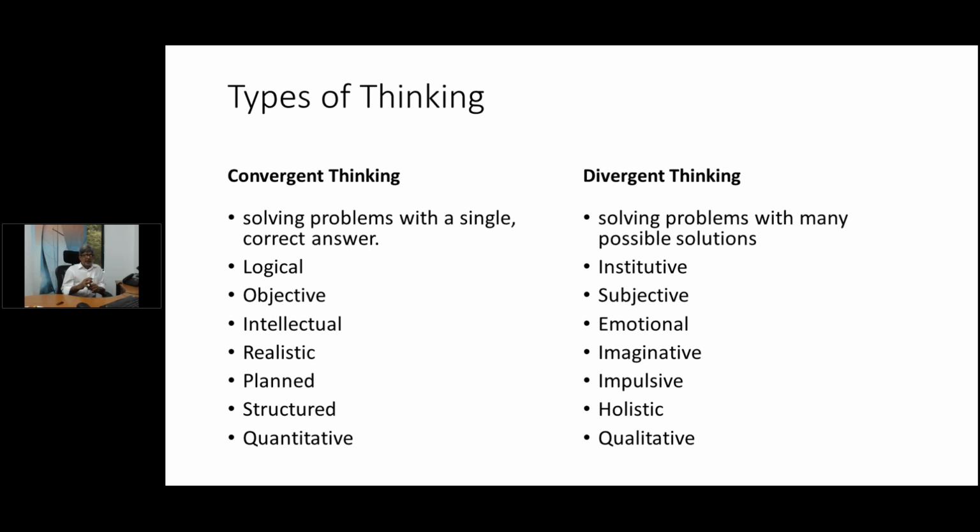We have identified that there may be many different solutions available, but we will identify one solution and explore the pros and cons, and we'll opt for that particular decision. This decision is based on logic, it is objective in nature, it is based on intellect, it is realistic. The divergent thinking is a creative approach.